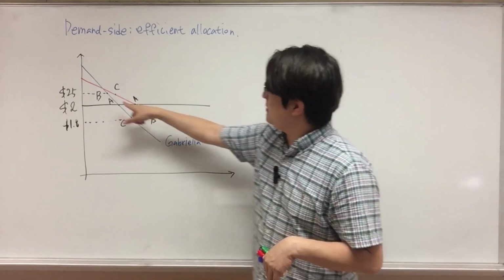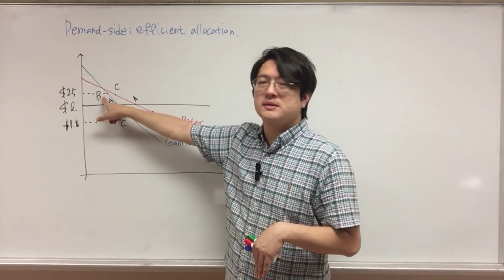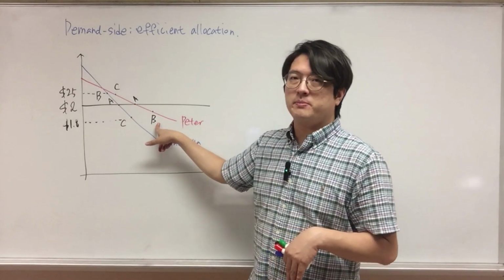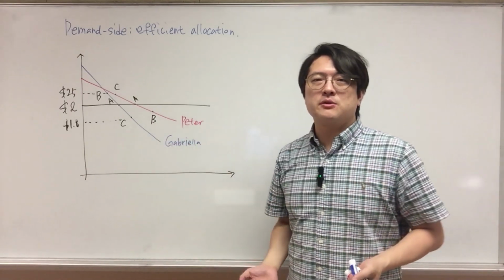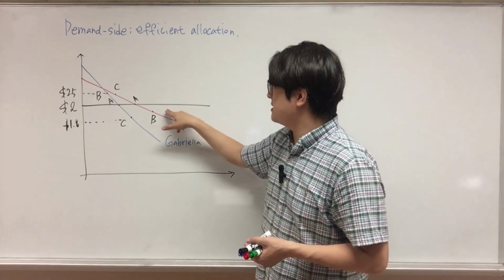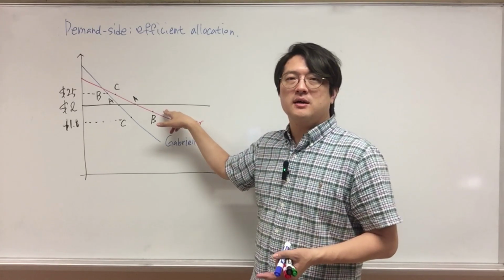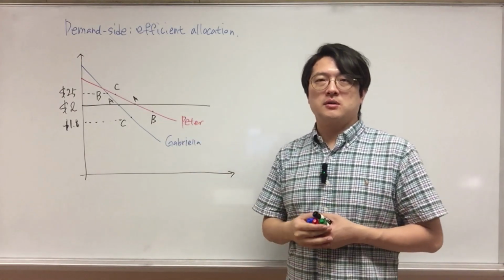Because at the B point, Gabriel gets more benefits, but Peters gets less marginal benefits at the same time. So the marginal benefit is equal to the price in this case, which is the A point. In this case, they will get the efficient allocation.